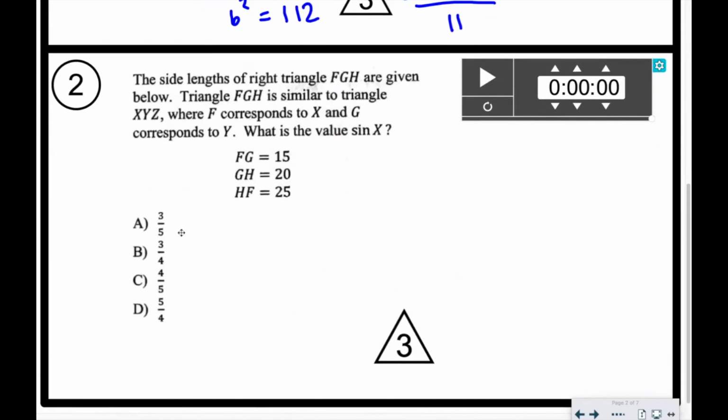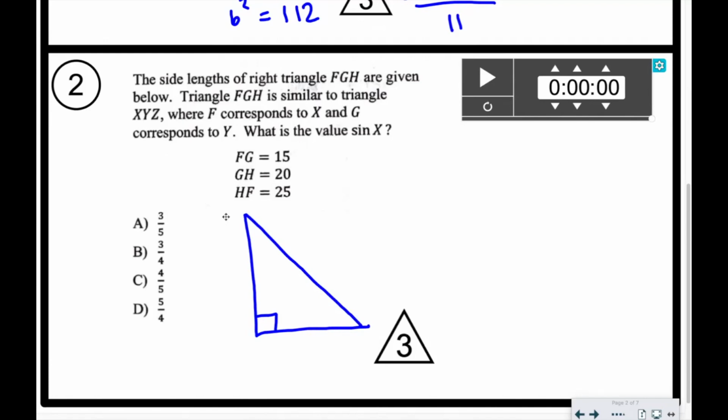All right, on to number 2. Here's an example of one where we have these right triangles that are similar to each other. And usually we only have to draw the one triangle. So I'm going to do this by only drawing the FGH triangle.